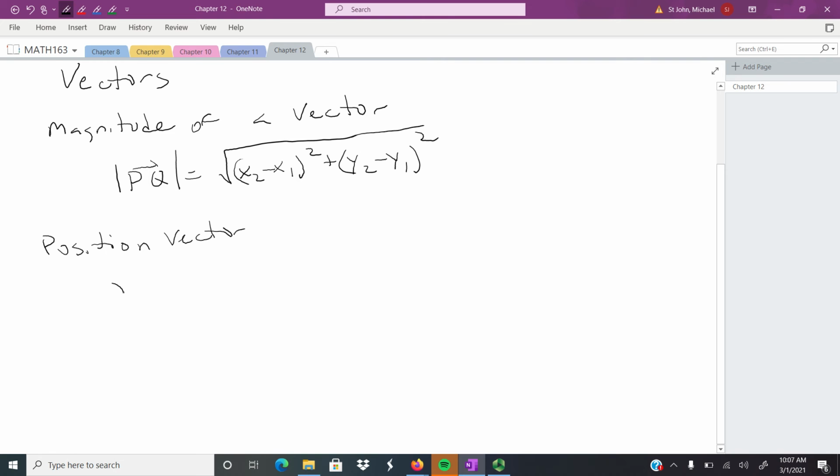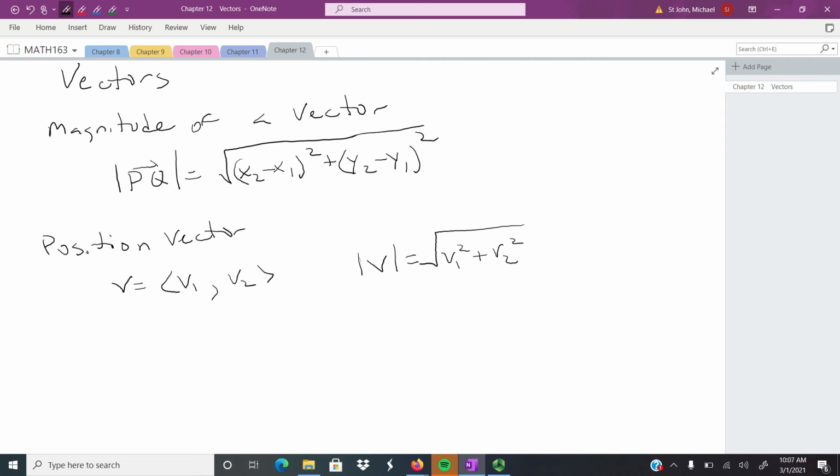And so we have a vector v, which has coordinates v1, v2. Then the magnitude of v is just given by v1 squared plus v2 squared, and take the square root of that.